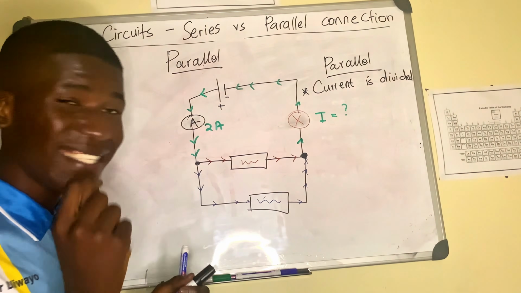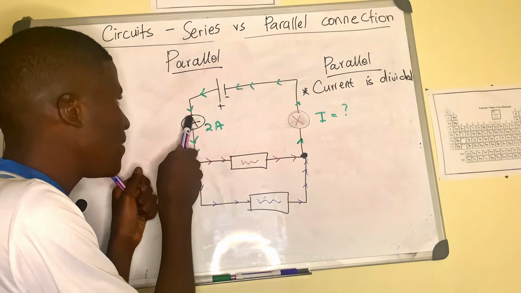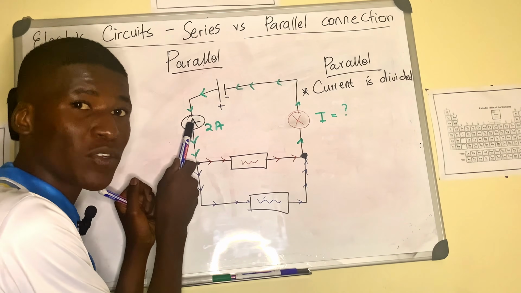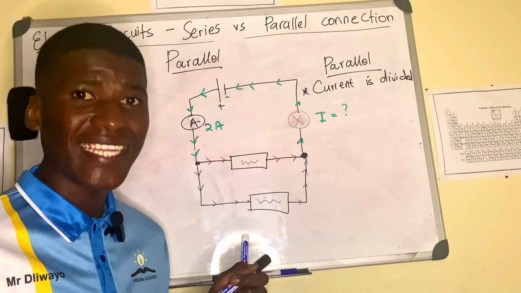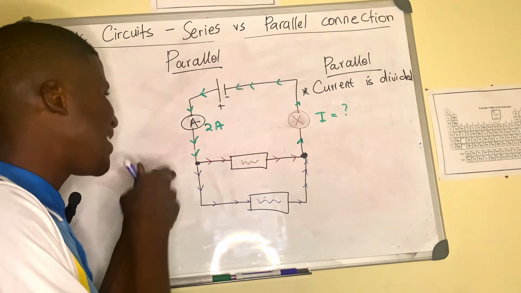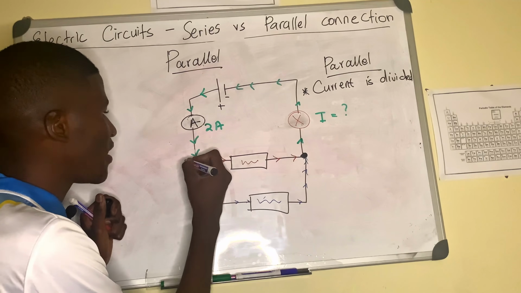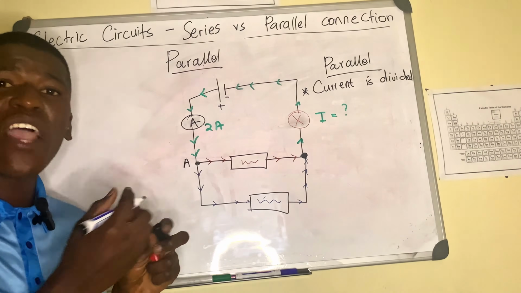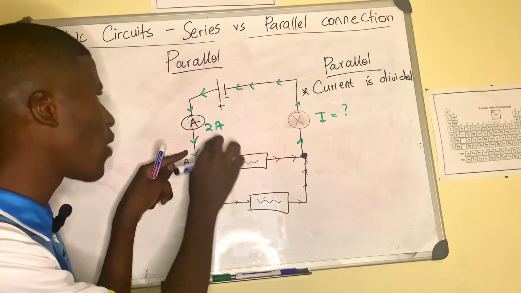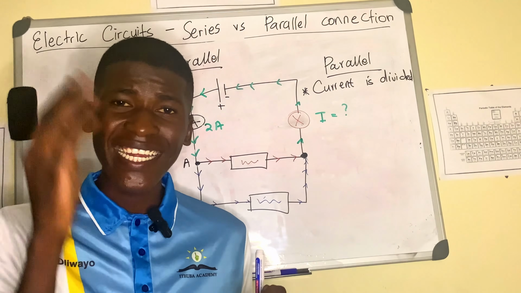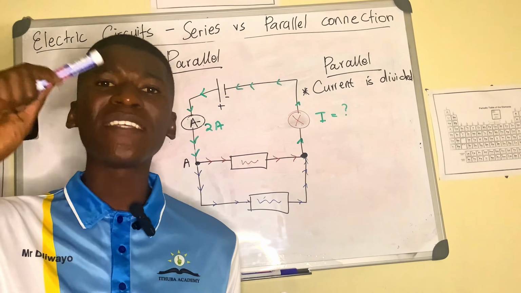So now what am I saying? I'm saying the ammeter here, exactly as it is at this position, is measuring the total current of the circuit or of the battery. But when it reaches this point, if I name this point A, when this green total current of 2 amperes reaches point A, grade 10s, 11s, and 12s, it will be split.